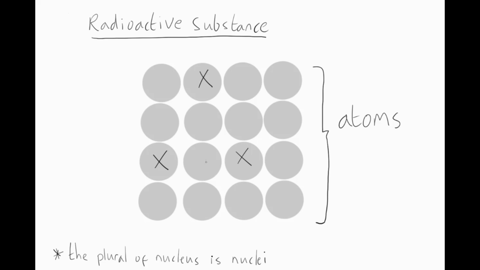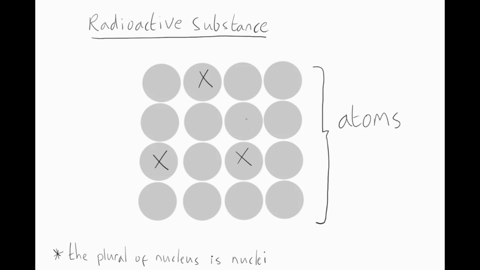What is important to realise, however, is that different radioactive substances decay at vastly different rates. Some radioactive substances, 90% of all of these nuclei here will decay within a space of time less than a second. With other substances, maybe only 20% of them will decay in thousands of years.